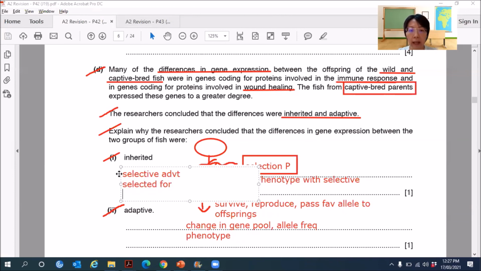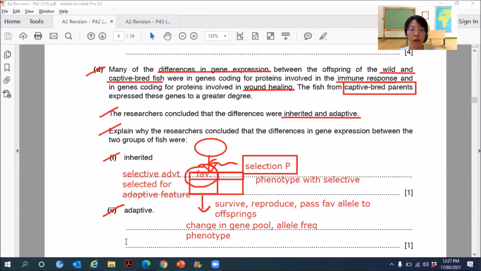So this is actually an adaptive feature of the organism. So when they ask you to describe adaptive, that means the fish has got certain characteristics that allow it to adapt to the immediate selection pressure, and so they survive.